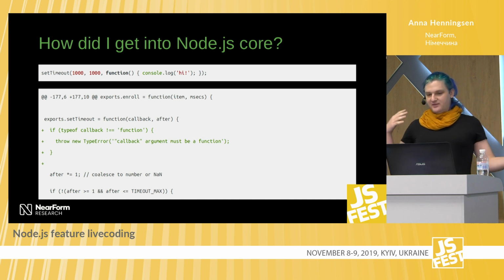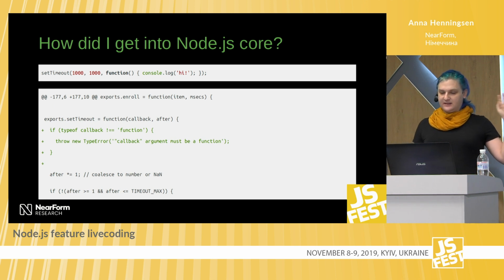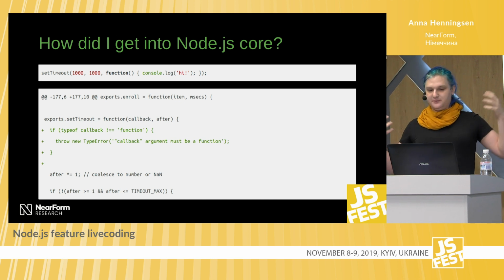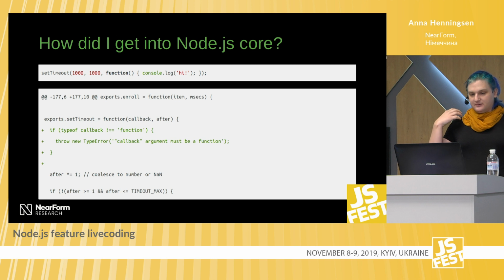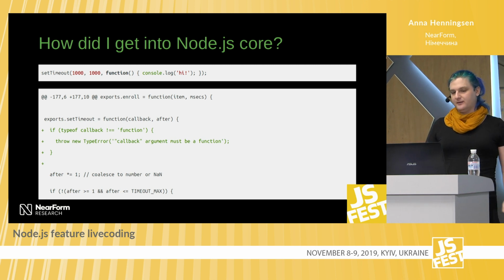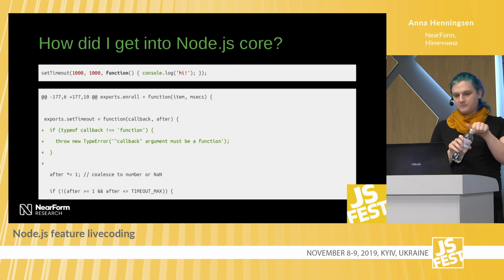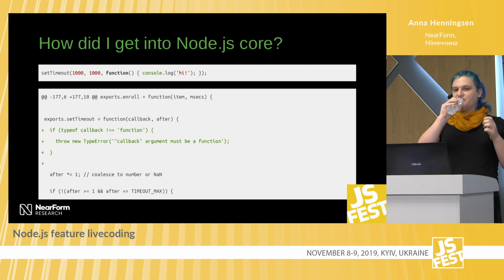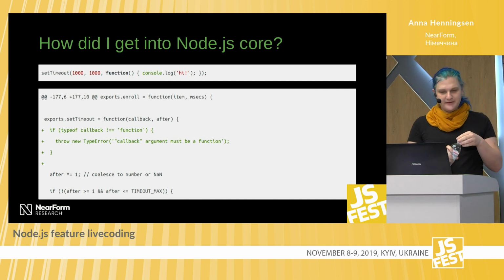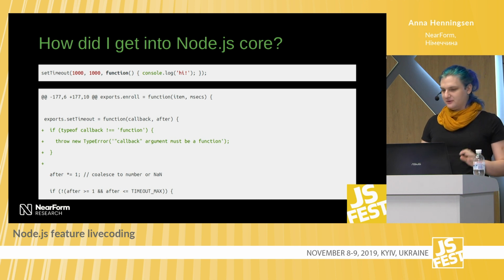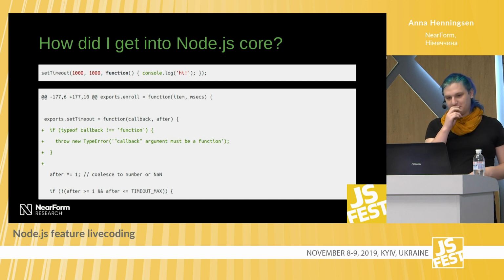There were documentation and test changes, but this is the gist of what my first contribution to Node.js was: I added throwing a type error when the callback is not a callback. I'm not sure if that actually saved me time, because compiling Node back then took half an hour, and now it's even longer.